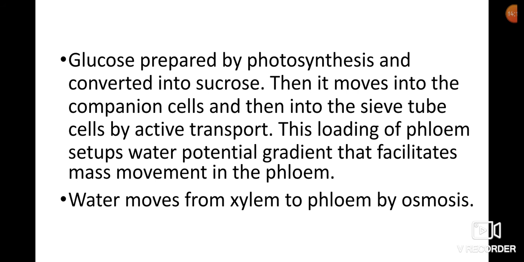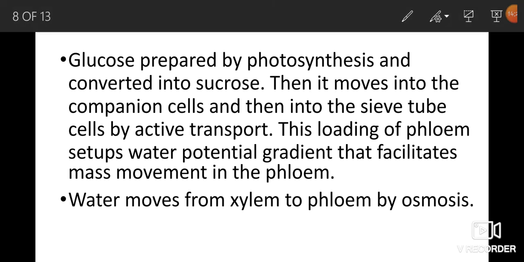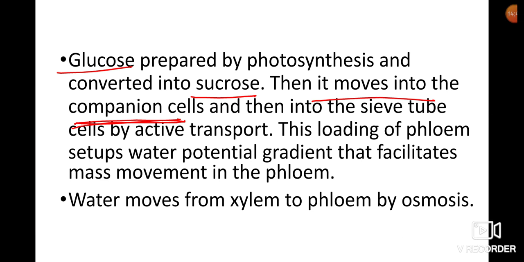Glucose prepared by photosynthesis is converted into sucrose. Sucrose is a disaccharide. Then sucrose moves into the companion cells and then into sieve tube cells by active transport.